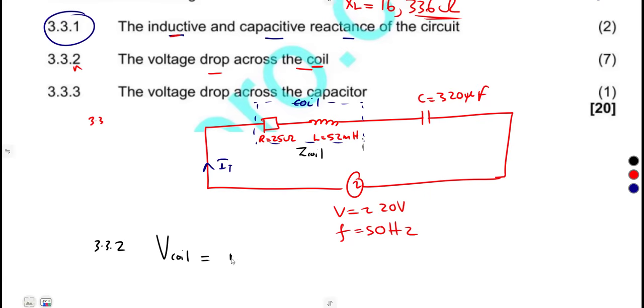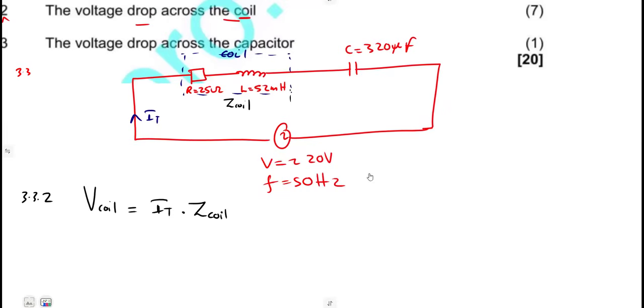So it is simply the total current times the impedance of the coil. The impedance of the coil we can calculate. We do not have the total current, so you're limited. To calculate the total current, we need the total voltage and the total impedance here. So the total impedance we do not have.